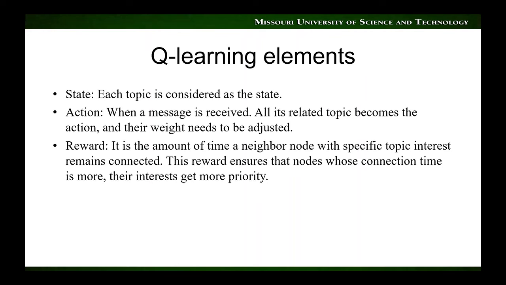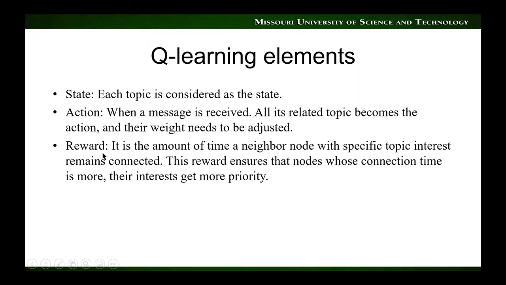So we fit this Q-learning in our scenario. We define the state as each topic. Each topic is considered as the state. Action is when some node receives a message, all the associated topics will become the action. Finally, the reward.